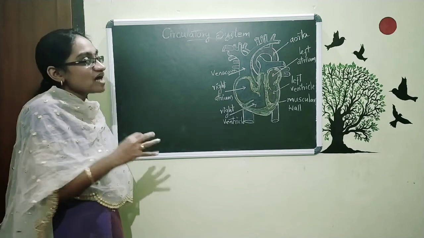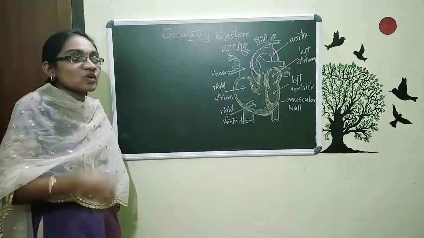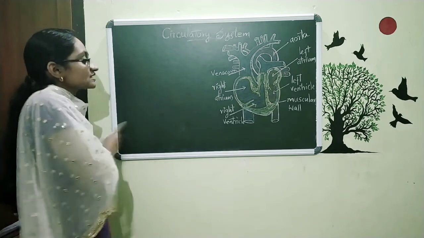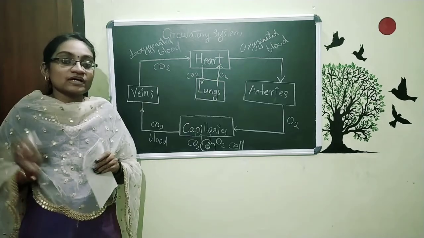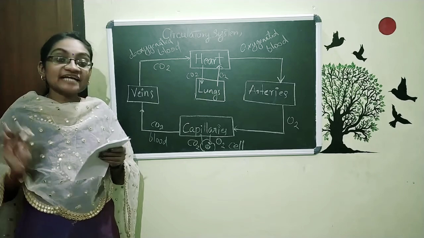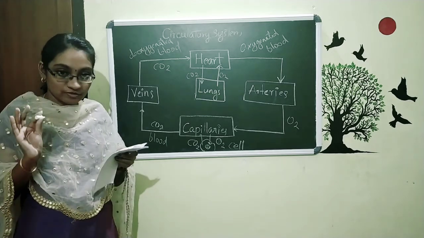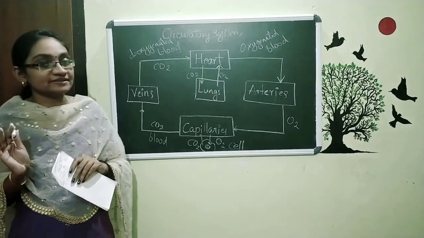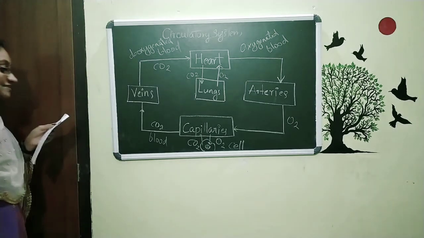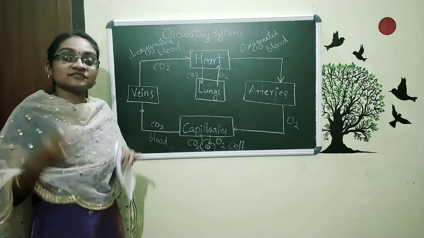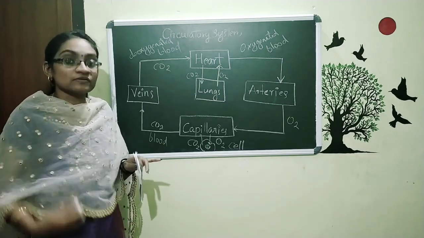Now the question is how the blood flows through our body. That is what we discuss here. The topic is blood circulation in the human body. That is the next topic and the final topic in this chapter, that is, how blood is transferred or circulated through our body.